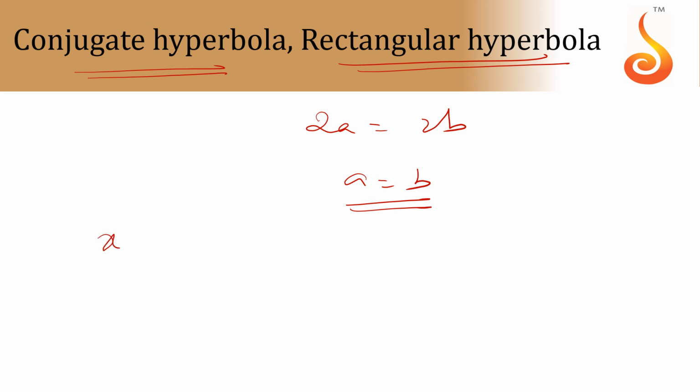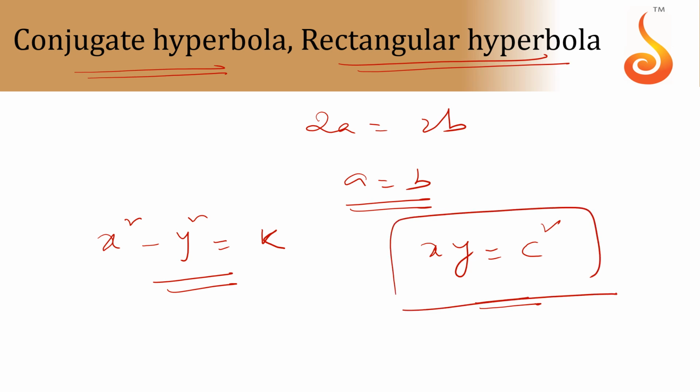So generally we can say x square minus y square equals some k is a rectangular hyperbola. Some rectangular hyperbolas will be in the form of xy equal to c square also. This is another rectangular hyperbola.